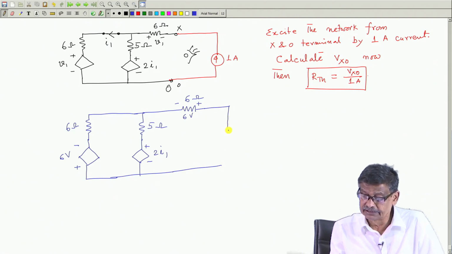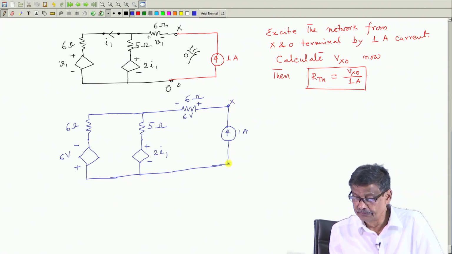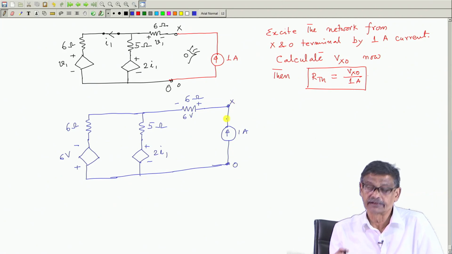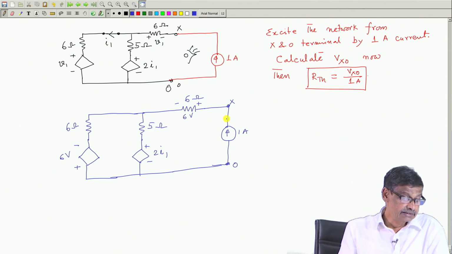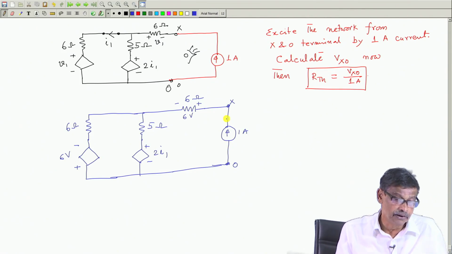So, this is the circuit now, 1 ampere. What is my goal? My goal is to find out the voltage across this current source. That is the thing I have to do now.